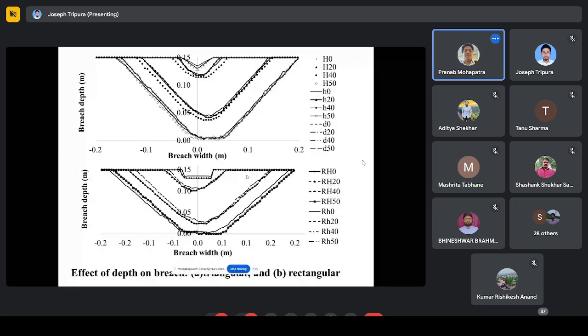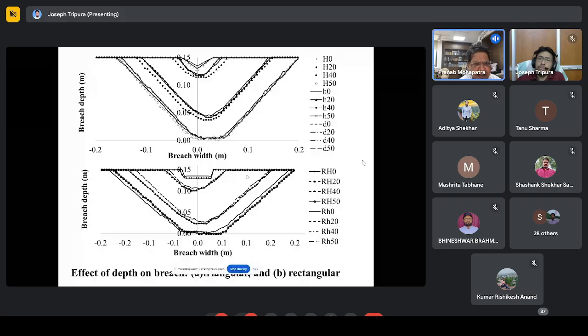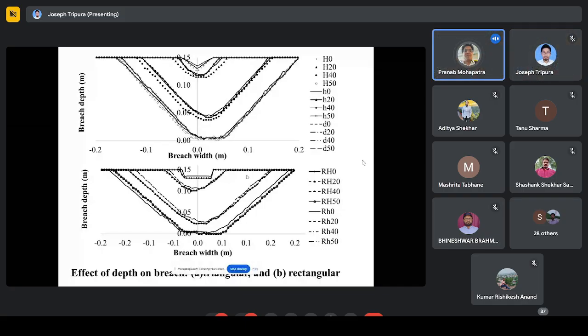For example, it started with a triangular thing, and all these 3 things indicate the 3 depths, but with time, the pilot channel increases. But if you see the last set of lines, 4 lines, then all of them usually merge. So again, the same story which was depicted in the previous figure is here.